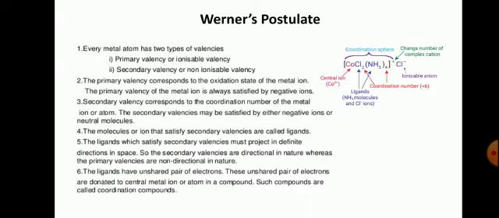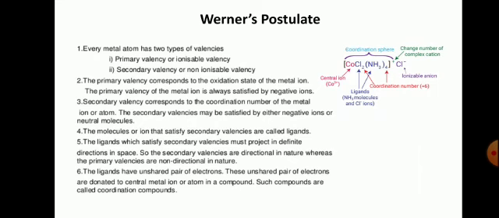For example, in NaCl, Na has oxidation state +1. MgCl2, magnesium has +2. AlCl3 will have +3. In CCl4, carbon will have +4. SiCl4, Si will have +4. But in a coordination complex, the compound will have two valencies.